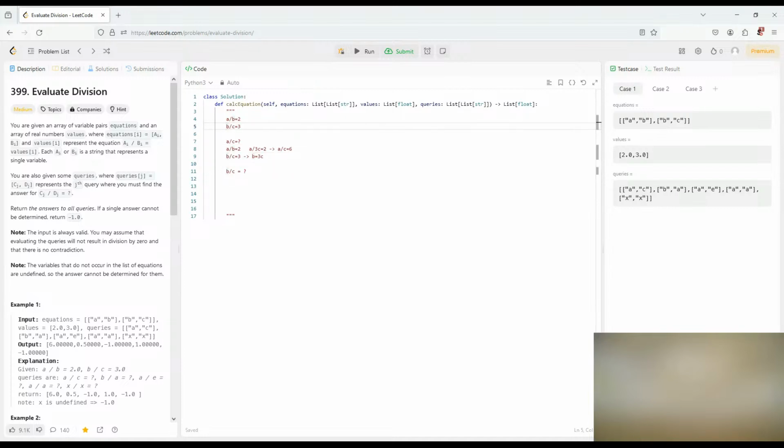Okay, so B divided by C. How can we join these two equations to calculate B divided by C? Oh, B divided by C is 3. No. Isn't it right here? 3.